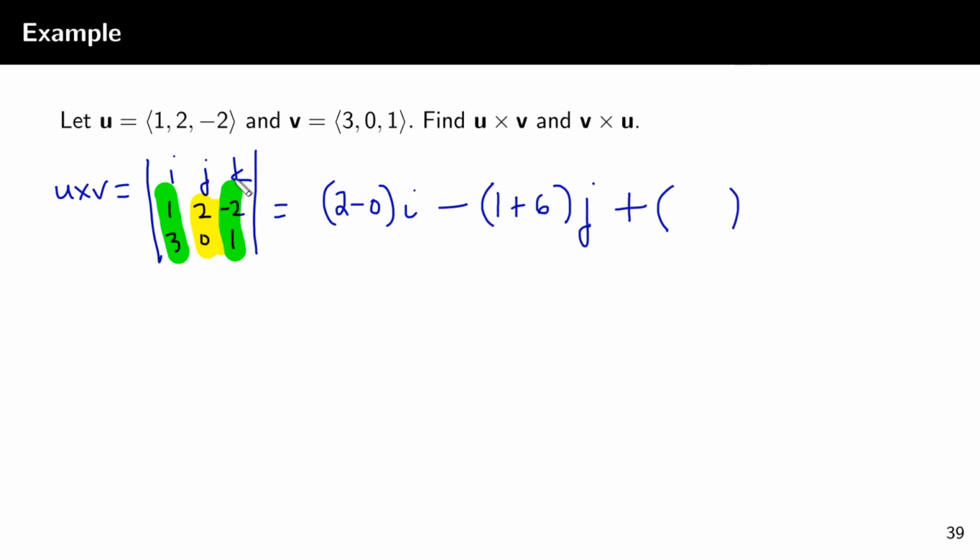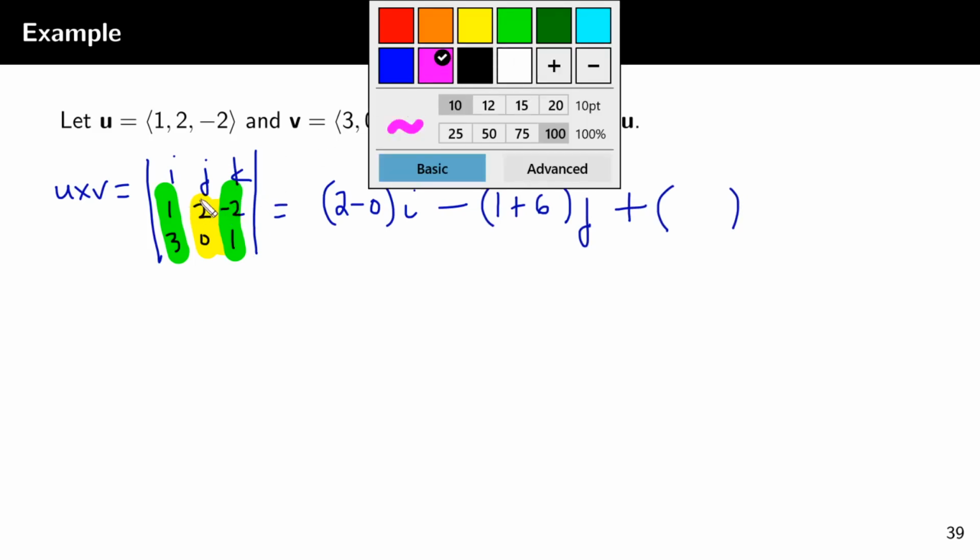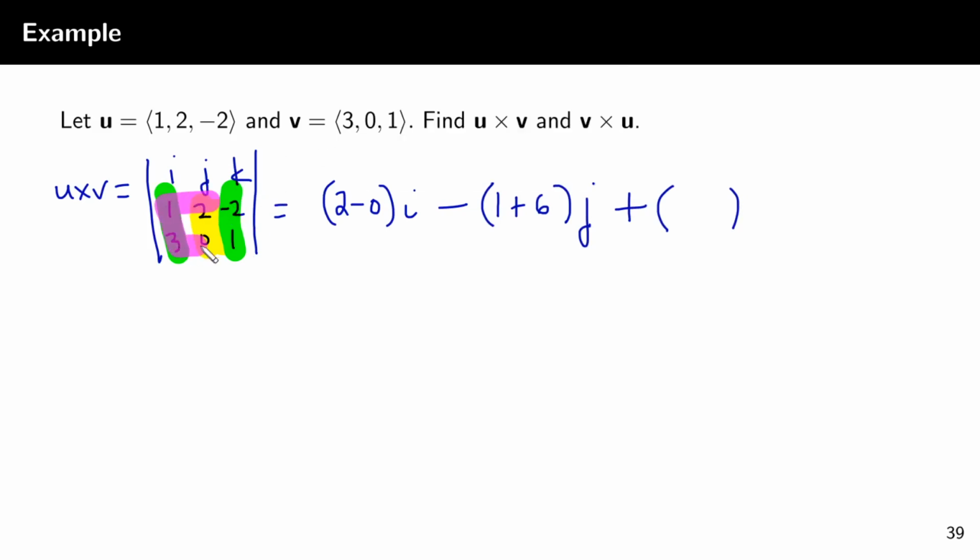And then, finally, yung sa k naman. Kung aalisin natin yung row and column containing k, ang matitira ay, gamit tayo ng ibang kulay, itong pink. Ito naman ang matitira. I-box ko na lang. So, difference ng cross product, 1 times 0 minus 2 times 3. So, that's 1 times 0, which is 0, minus 2 times 3, which is 6.